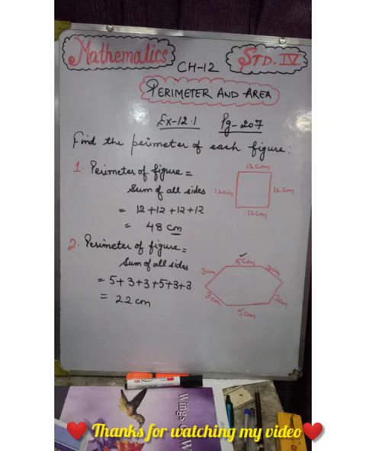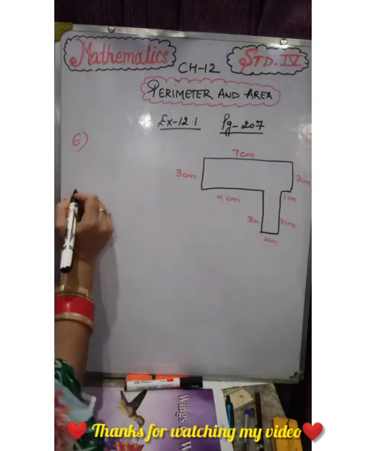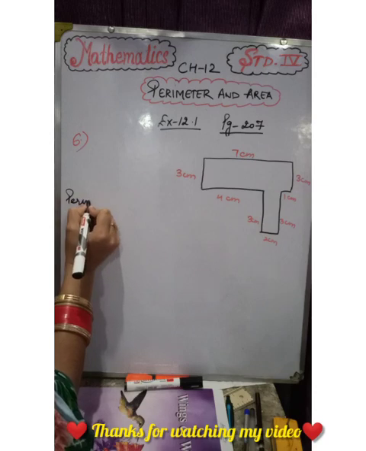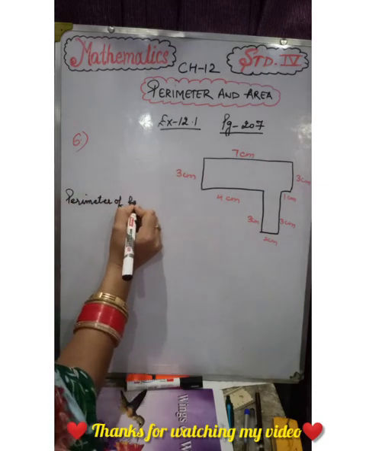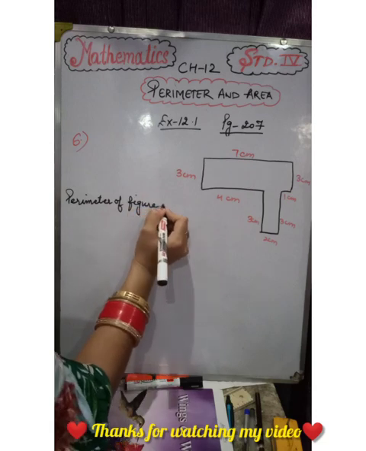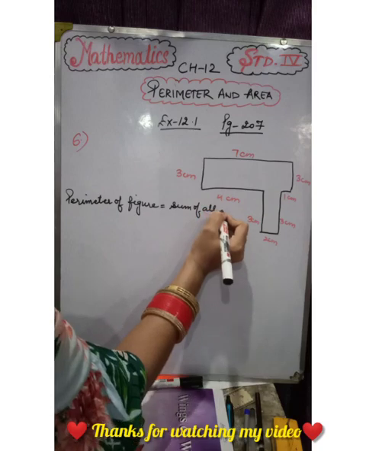Understood? This way we will do all the parts. Let's do the sixth part now. I have made a figure for question number 6. Same formula: perimeter of a figure is equal to sum of all sides.